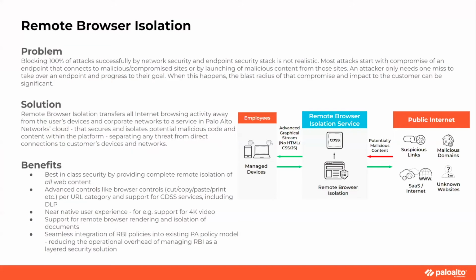So the first is around remote browser isolation. For those who are not familiar with what remote browser isolation is, this is basically an extra security layer so that you can have a safe rendering of web content on end user devices. The use case is around managed devices.